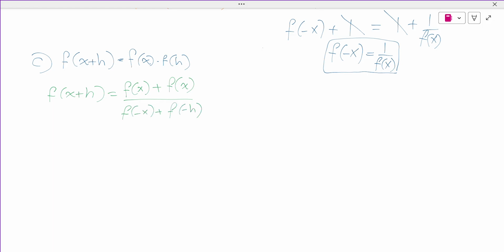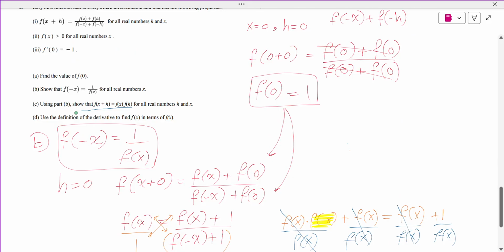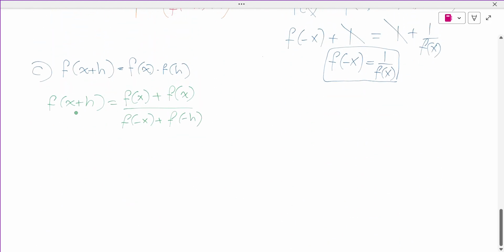Now it says using what you got in part B, using part B, that means we can replace f of minus x here and f of minus h as well.